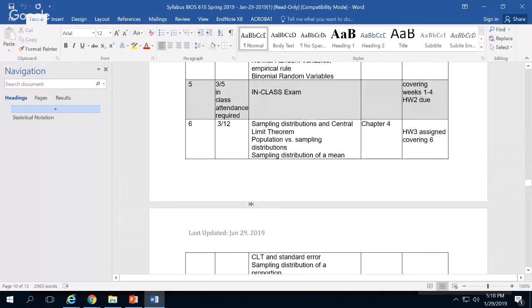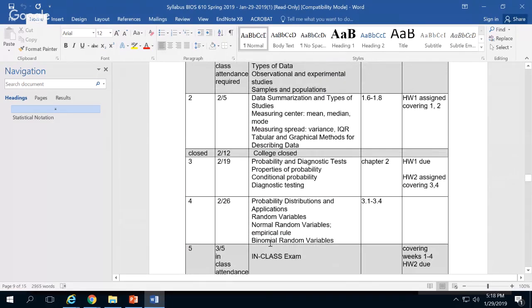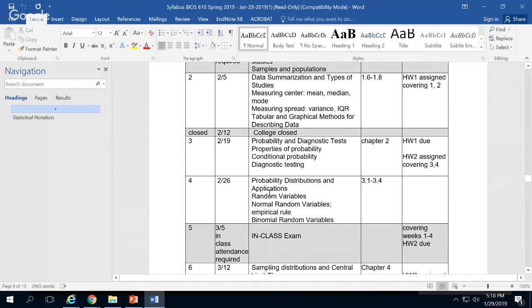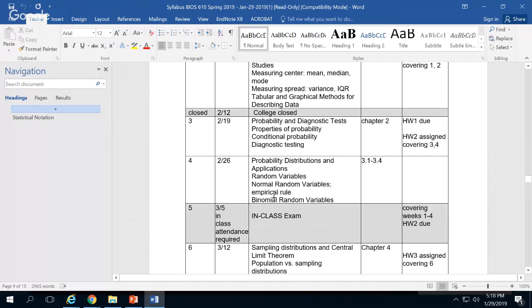So the first exam is going to cover these topics. The first 2 classes are all about types of data, data summarization and visualization. We'll have a class on probability and diagnostic tests, and then finally a lecture on probability distributions and some types of random variables.